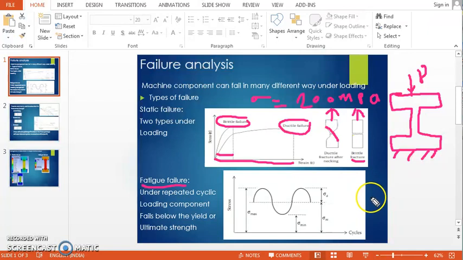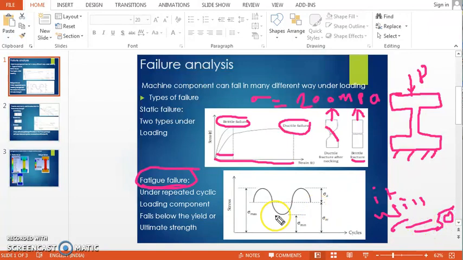Here in fatigue failure it will sustain only sigma is equal to 50 MPa. So what is the cyclic loading?